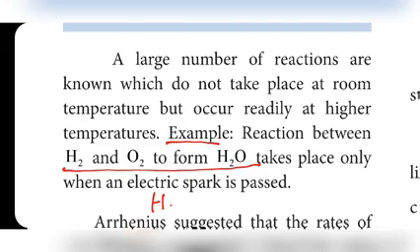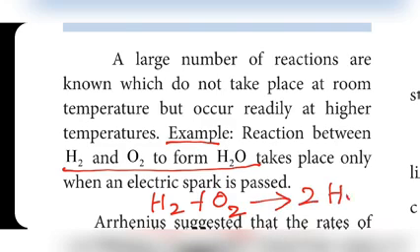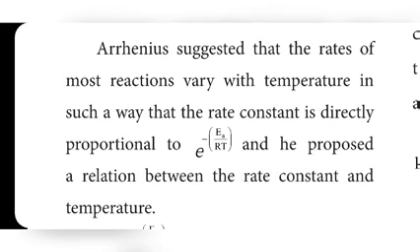H2 reacted with O2 usually produces 2 molecules of water. This reaction takes place when an electric current is passed, that means at high temperature only. At normal temperature these reactions won't take place.